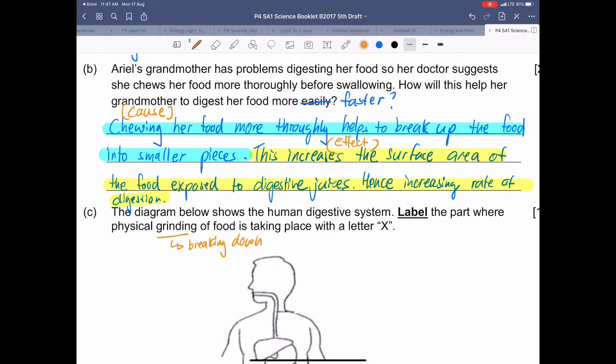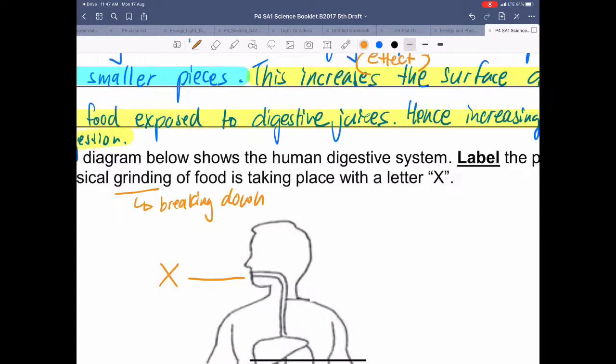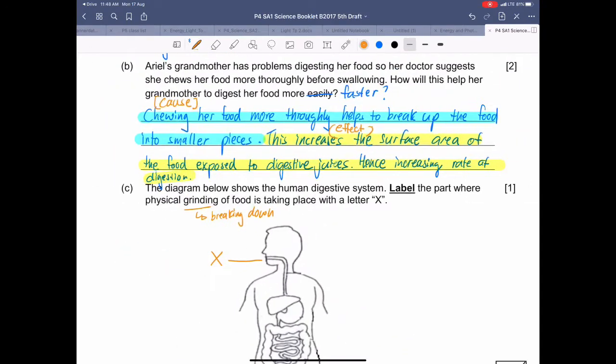However, a lot of you got it wrong because you don't know how to label. Let me explain to you. Some of you label with an arrowhead. Some of you put X here, and then after that, you put here. How come there's a gap? Are you labeling the space? Some of you put here. You're labeling the nose.